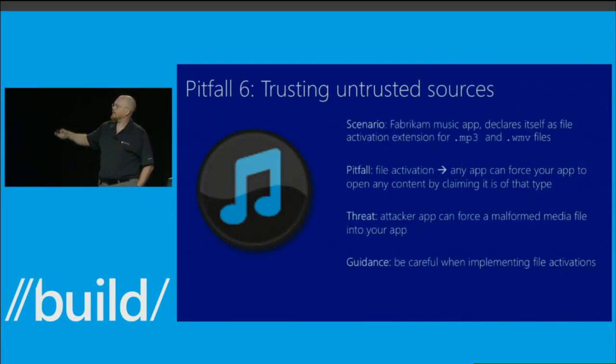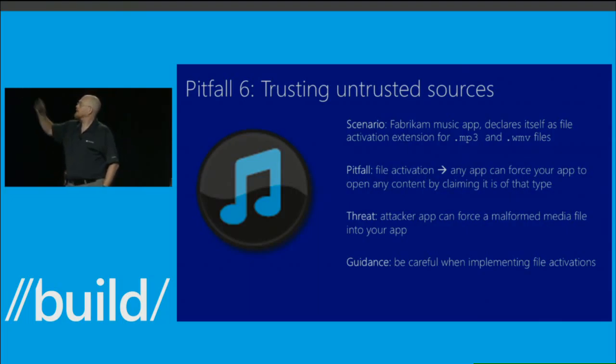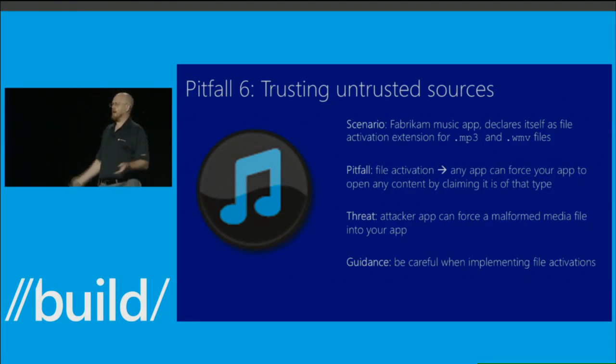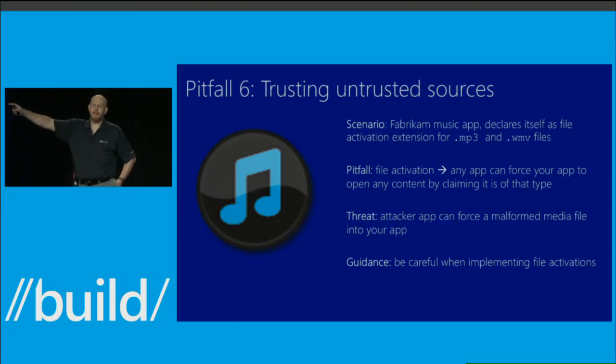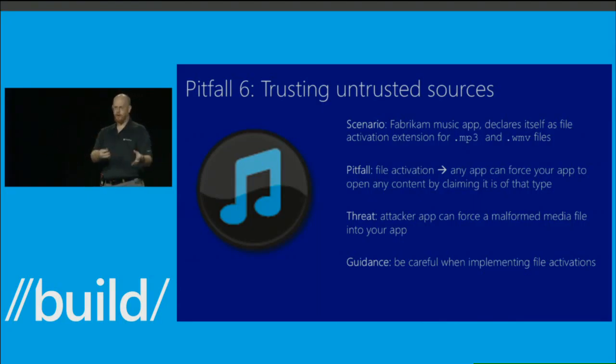Another form of trusting untrusted sources, you might declare a file extension for .mp3 and Windows Media files. This is your media playing app. You declare these things so that when the user's in the file picker somewhere and they double-click on a sound file, it invokes your app. That's cool. The pitfall is that this invites any app to cram any file into your app by just calling it an MP3 file.